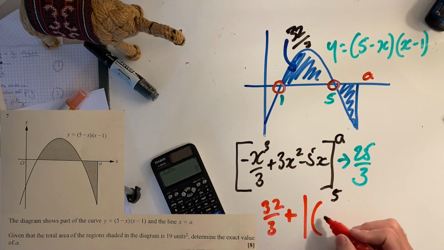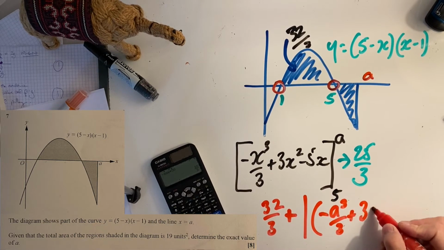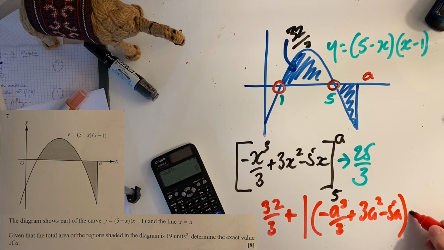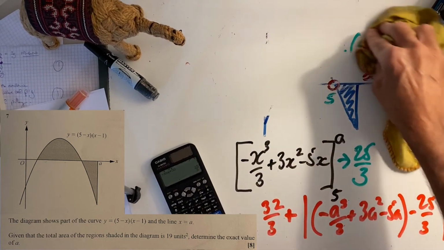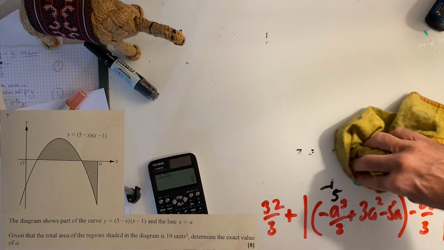So get everything right in the right order, because that is the key to answering this. And then minus 25 over 3. Boom. So that's key, because we know that equals 19. So let's tidy it up here, and we can see what's happening.